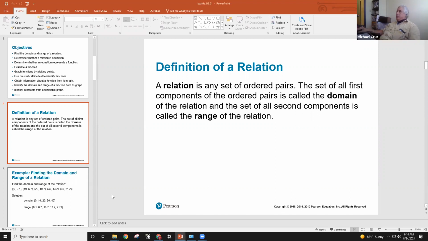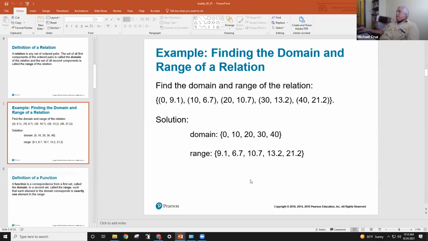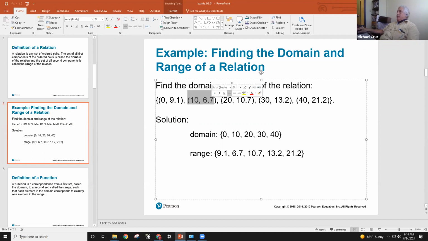The ordered pairs, as we see here: here's one ordered pair, second ordered pair, third ordered pair, fourth, and the fifth ordered pair. They've got some decimals in there, so they look a little funky, but generally, it's just five ordered pairs.